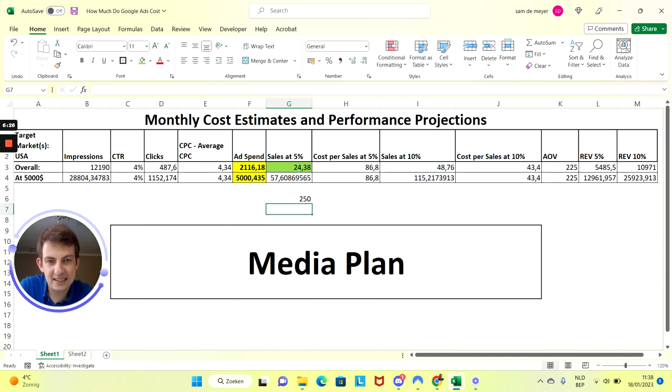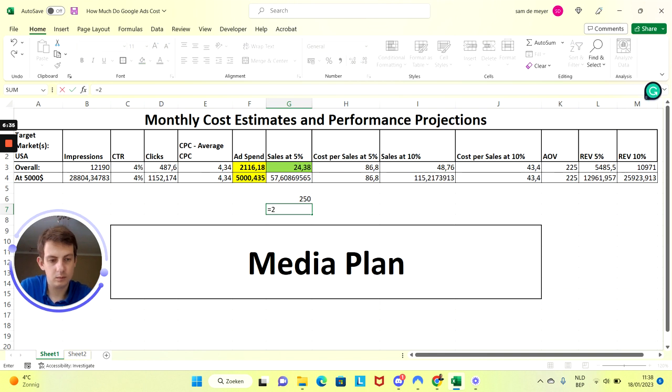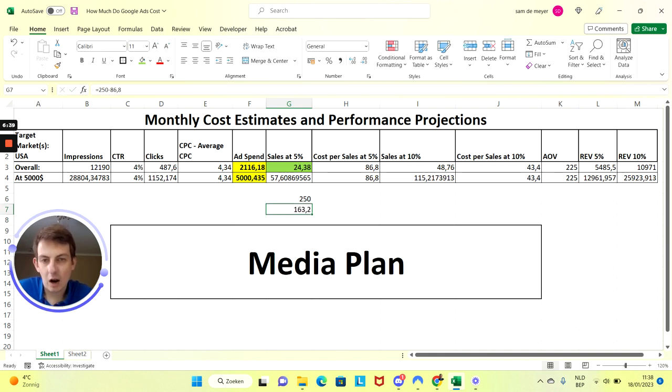So for every $86.8, you get $250, which gives you 163.2 profit. Then if you count your hours, maybe you have a 50% margin on that, considering paying taxes and paying your employees. Maybe that's a little bit lower, 30%.